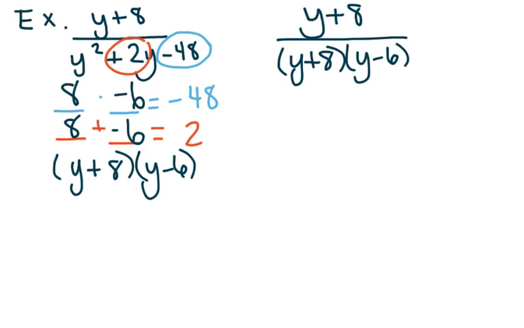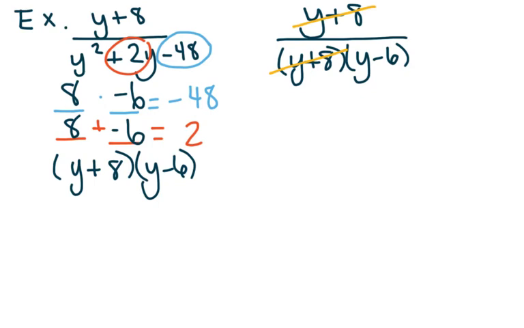So once again, it's just like those first 2 problems where we factor it completely. You can see it a little better now, and now we're going to look for any common factors it has on top and bottom. So we don't have any monomials that we can take out, but look for a binomial that they both have. If you'll notice, they both have this y plus 8, and that all goes together because that is a binomial.